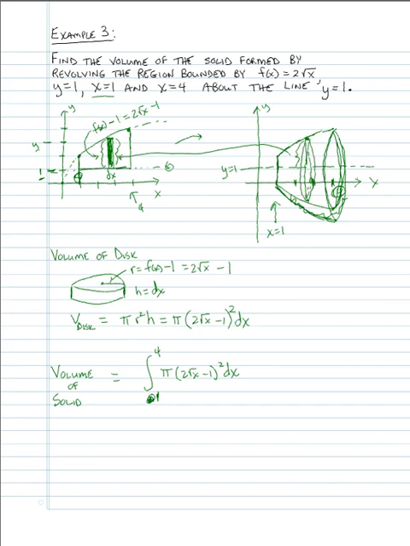Well, again, we can bring out the pi, and as we expand, we're integrating from 1 to 4, and let's expand this 2 square root of x minus 1 all squared. When we do that, and you can verify this yourself, you'll get 4x minus 4 times the square root of x plus 1.